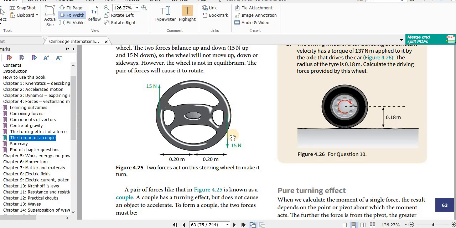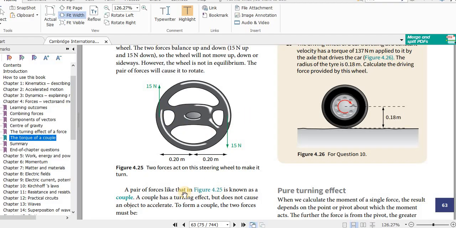So these two forces are in the same plane, but they are in opposite directions like this, and they have a distance. If you extend these lines, they are equidistant. This line and this line, their lines of action are equidistant, and the directions of the forces are in opposite directions. So we say that these two forces are anti-parallel.